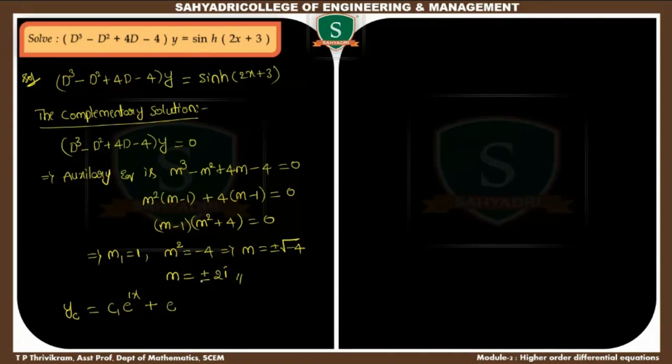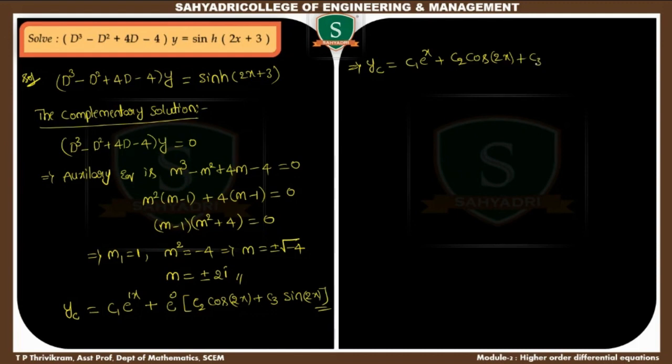E power real part of this number, which is 0, into c2 cos of the imaginary part 2x plus c3 sin 2x. So yc is equal to c1 e power x plus c2 cos 2x plus c3 sin 2x.